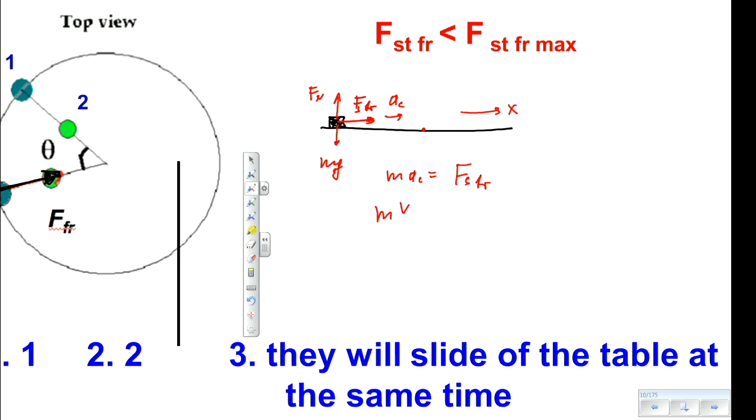So if we spin it faster and faster to prevent it from sliding off the table, the force of static friction is supposed to be stronger and stronger. However, the force of static friction has a limit.